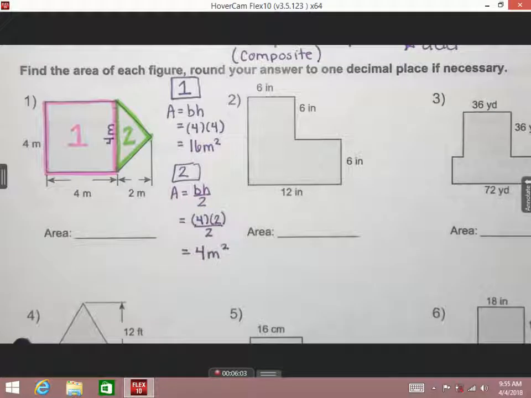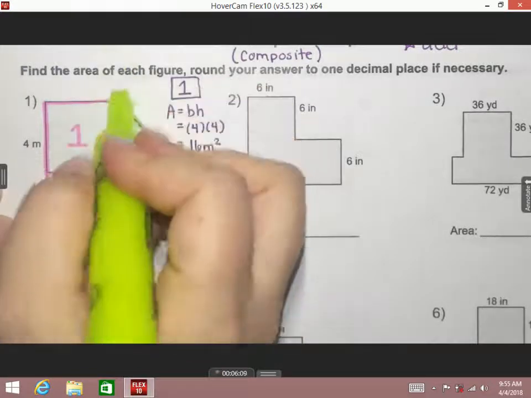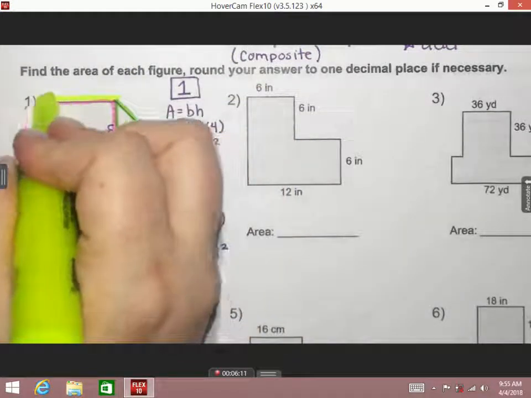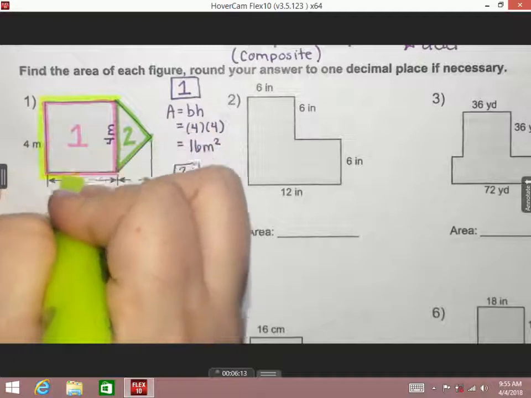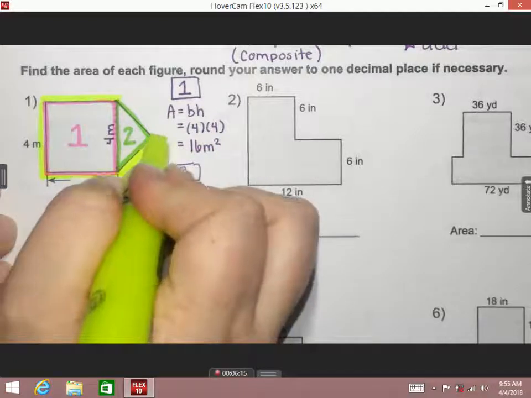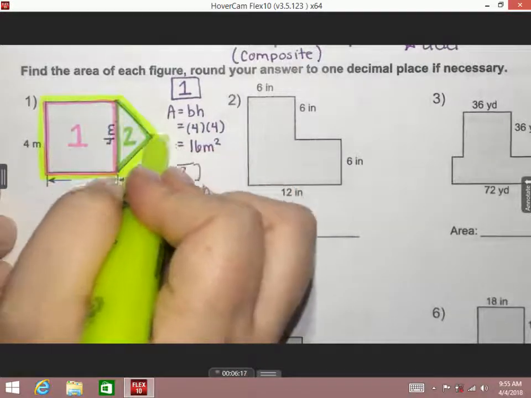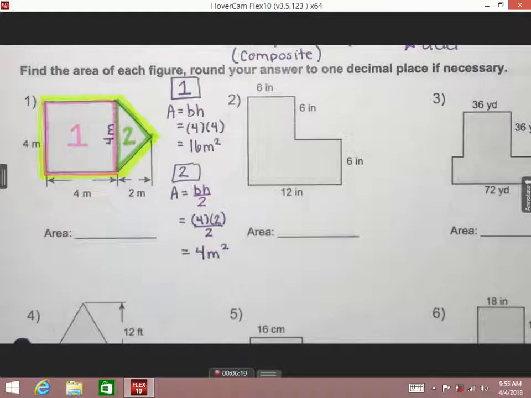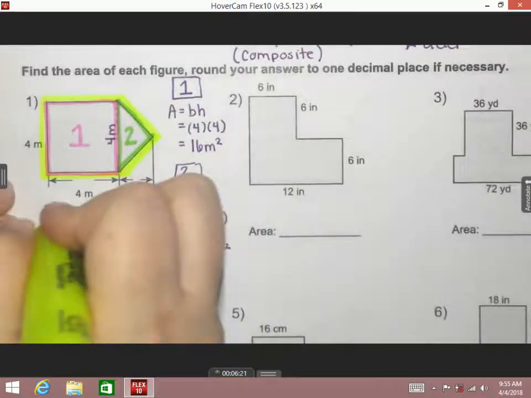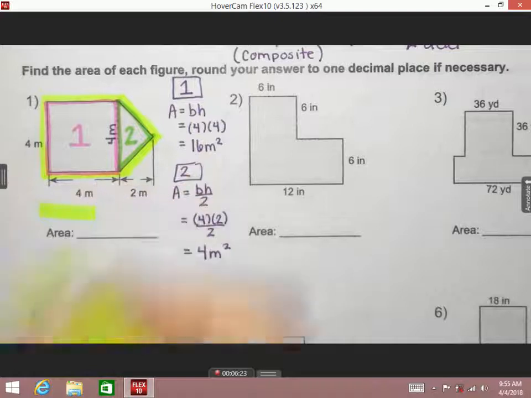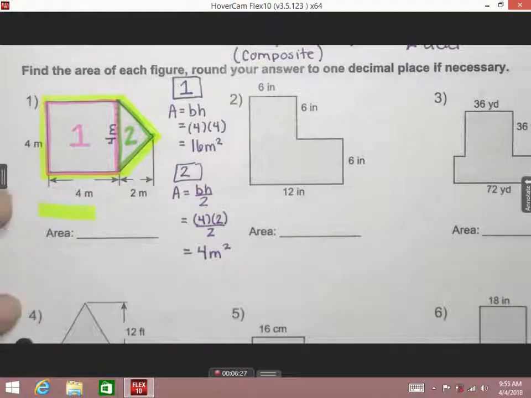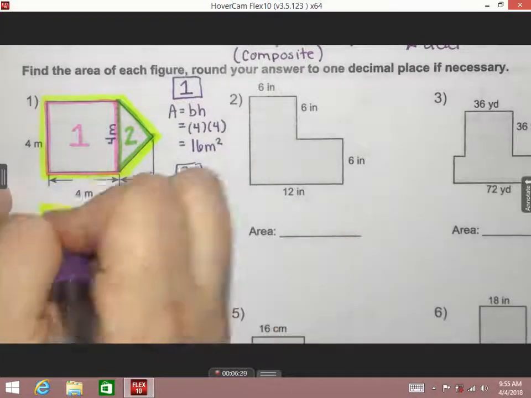All right, now please remember our goal is not just to have 1 and 2. Our goal originally was this entire shape that kind of looks like a pencil, like a really fat pencil. So what am I going to need to do? We have 1 and 2. What am I going to need to do to get that entire yellow shape? This is when we're going to add those together.